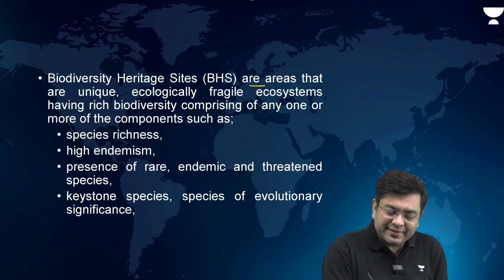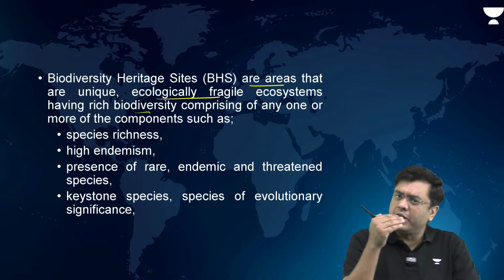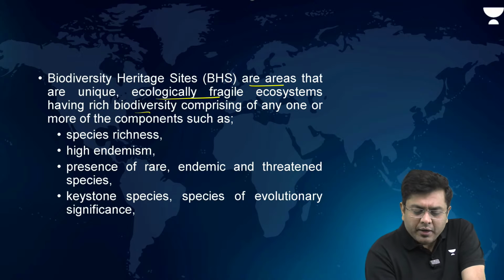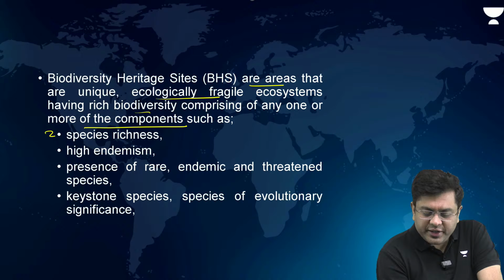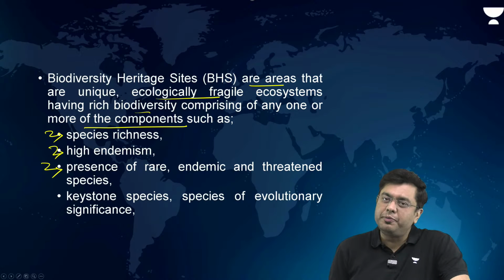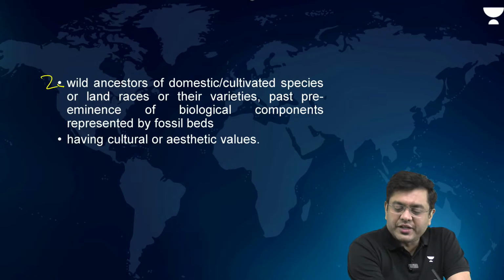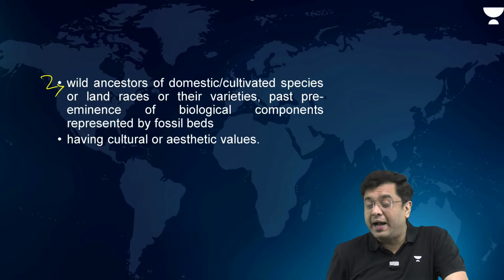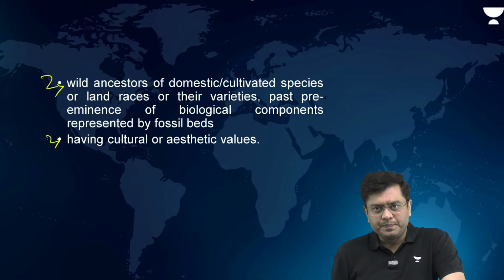So these are areas that are unique, ecologically fragile ecosystems having rich biodiversity. When any one or more components of these conditions are met, it is declared as a biodiversity heritage site: species richness, high endemism, presence of rare, endemic and threatened species, keystone species, wild ancestors of domesticated species of plants or animals or their variants, and cultural or aesthetic value.